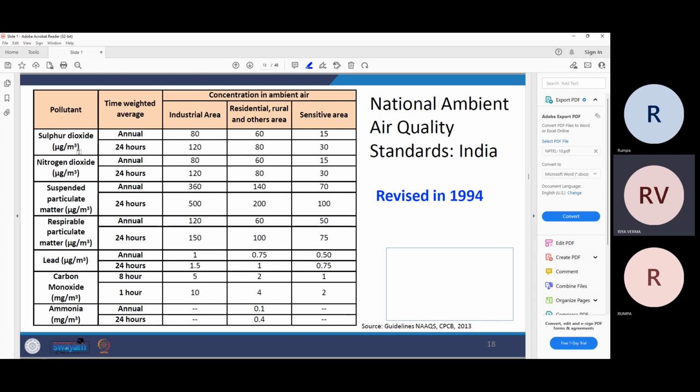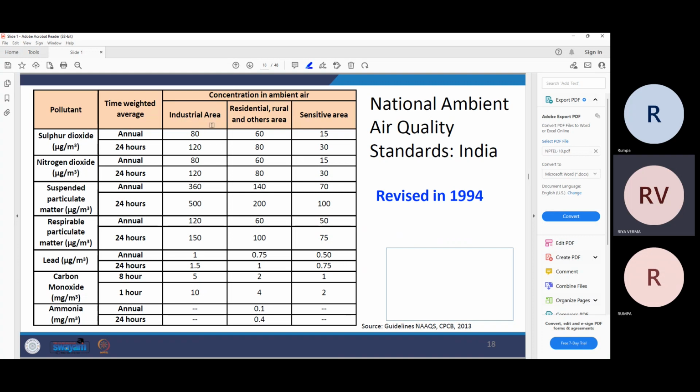So these are the typical pollutants that were included in the National Ambient Air Quality Standards in 1994. These were sulfur dioxide, nitrogen dioxide, suspended particulate matter, respirable particulate matter. Then we have lead, then carbon monoxide, and then ammonia. So these are the permissible limits in different types of areas.